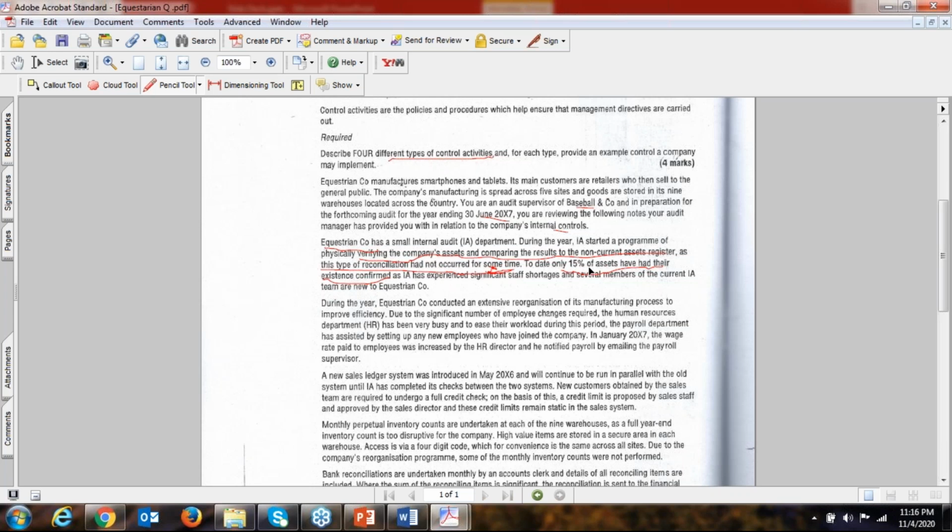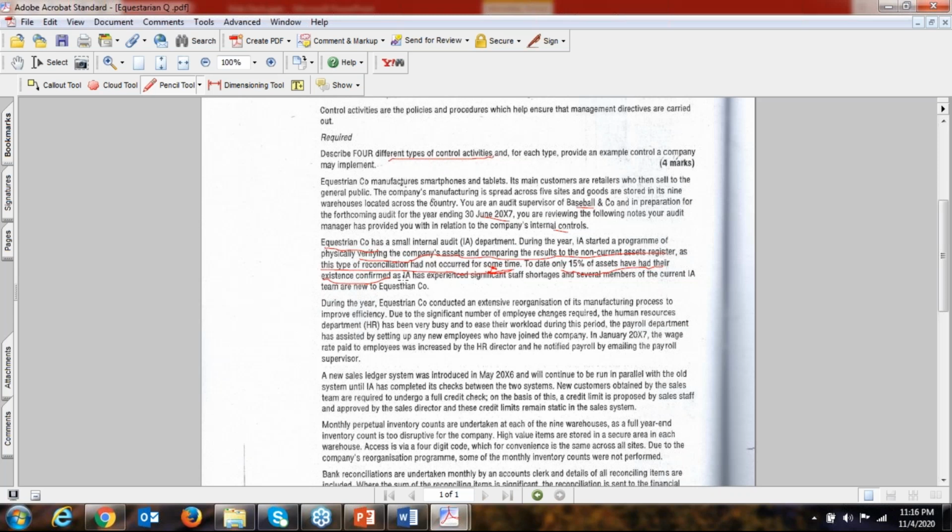To date, only 15% of assets have had their existence confirmed. So only 15% of the assets have confirmed existence, the remaining 85% do not. So this is the deficiency.